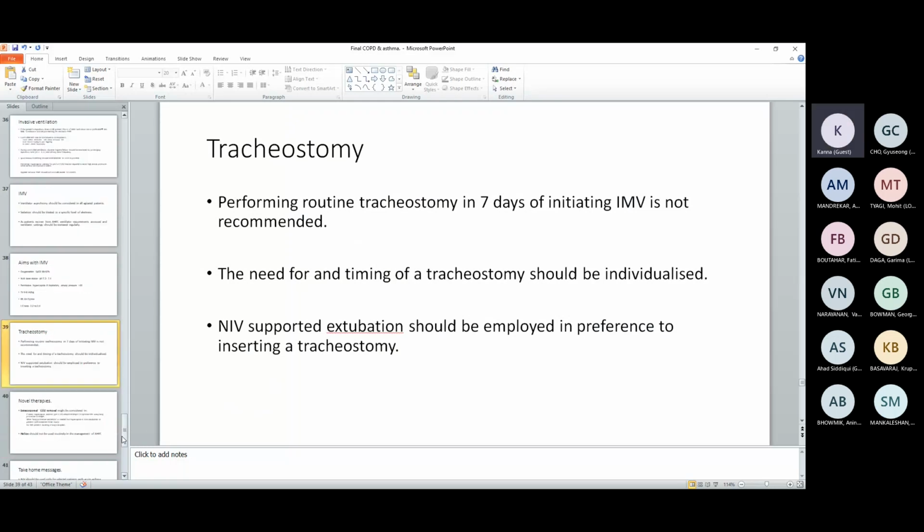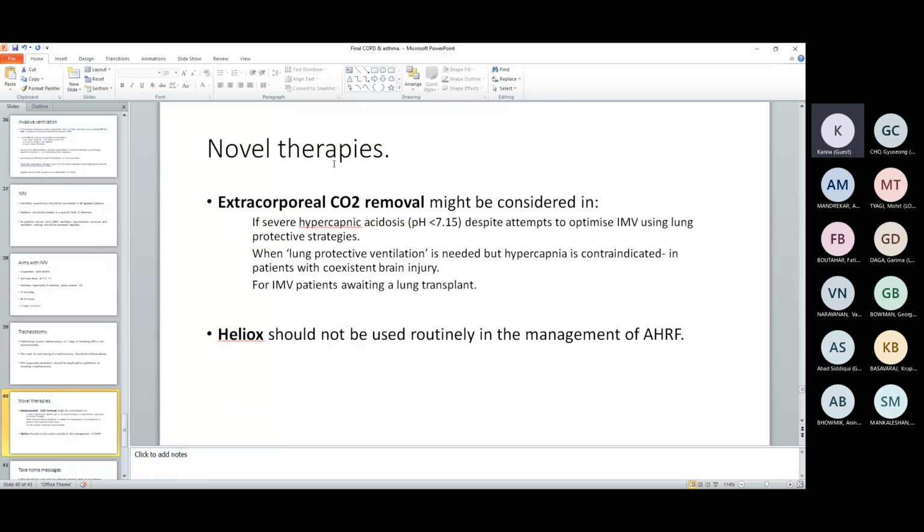So there are other special therapies that can be tried in special situations. The first one is extracorporeal carbon dioxide removal. That can be considered in severe hypercapnic acidosis, pH of less than 7.15, despite optimizing mechanical ventilation, and when lung protective ventilation is needed, at the same time the patient is contraindicated for hypercapnia.